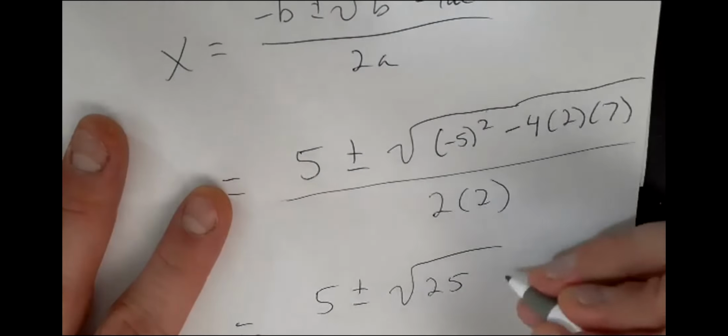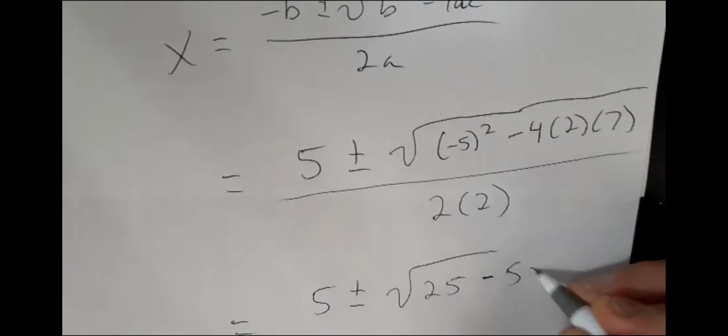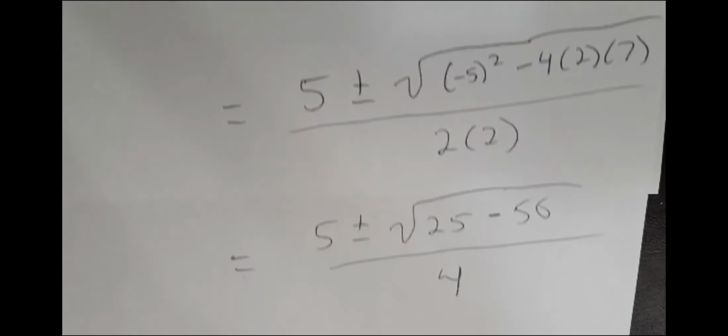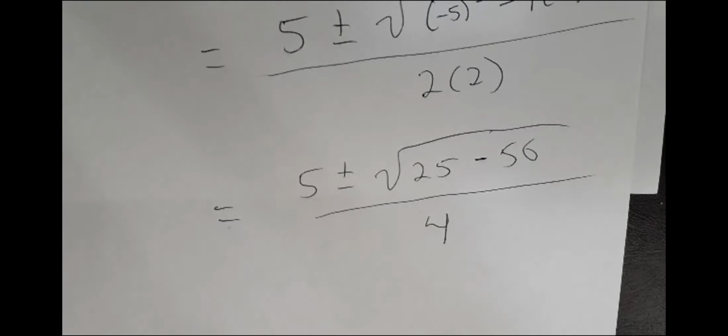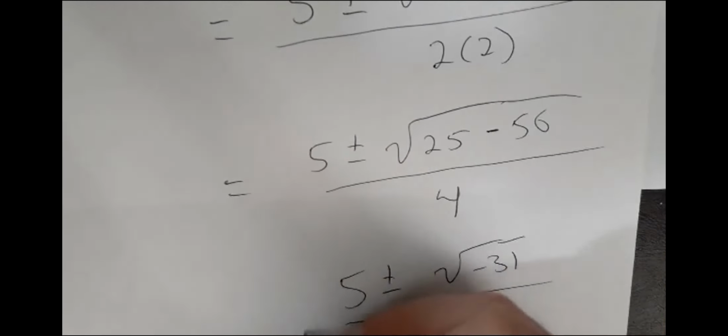I have one negative here, so overall this is going to be minus 7 times 2 times 4, which gives me 56, over 4. So I'm doing 25 minus 56, giving me minus 31. So this is 5 plus or minus the root of negative 31, over 4.